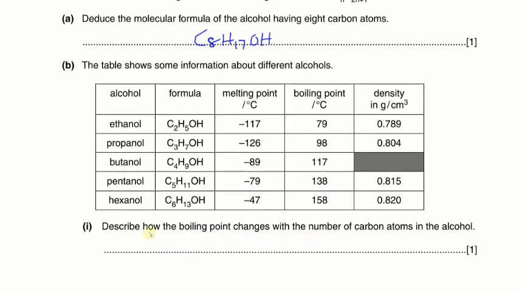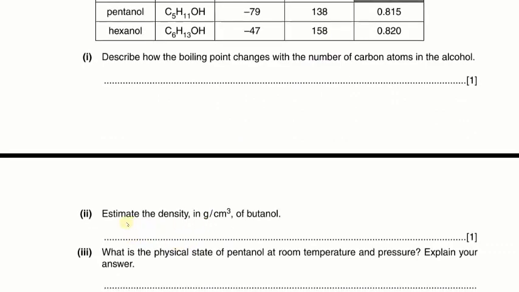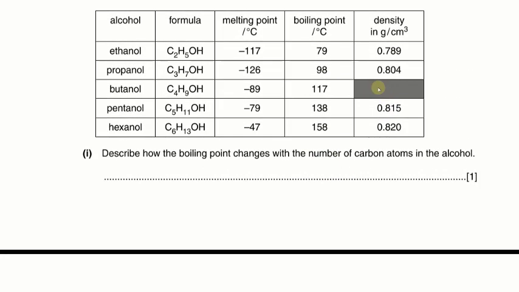Again the same, how the boiling point changes with the number of carbon atoms in the alcohols, you can say the boiling point is increasing. Estimate the density of butanol. We have to estimate the density, so you can find the average of these two and you will get the density of this.